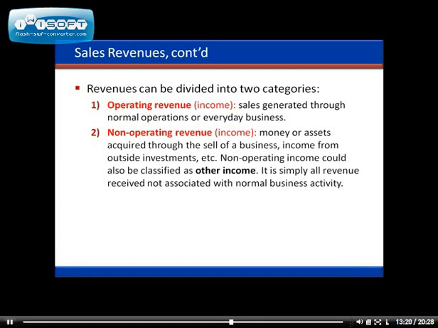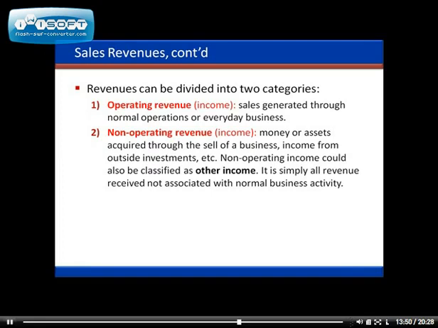Maybe I had a kitchen within my convenience store, and I was selling chicken as part of my normal operations. And I decided, okay, I no longer want to operate a kitchen in my store, so I want to sell my commercial stove and my refrigeration equipment to somebody else.